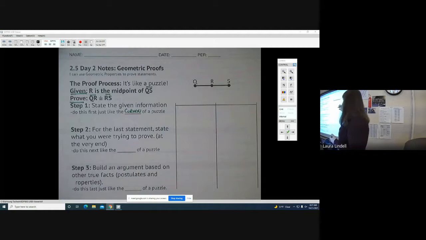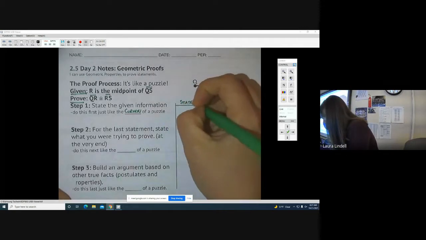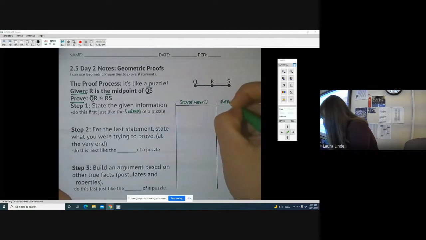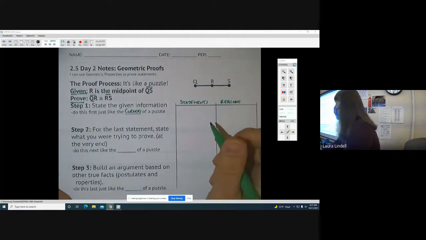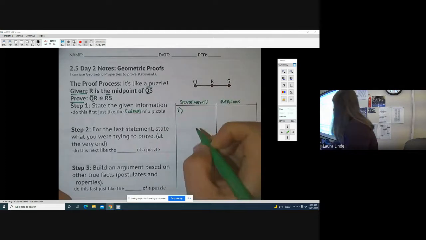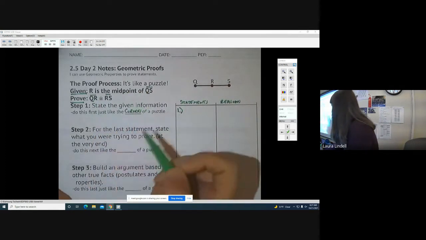So if we were going to do that for this proof, if we have statements over here and reasons over here, our first step would be to state the given information. So in this case, our given is that R is the midpoint of QS.